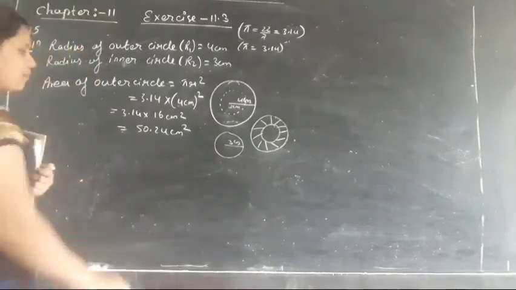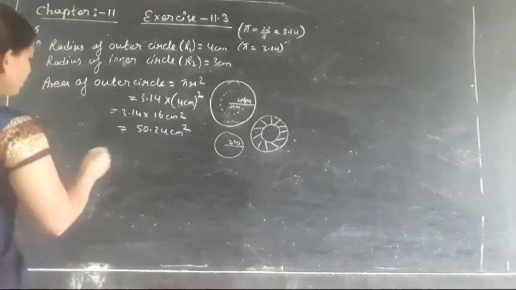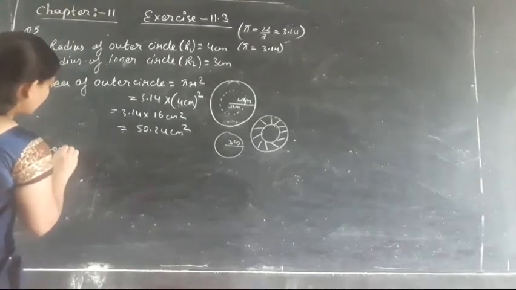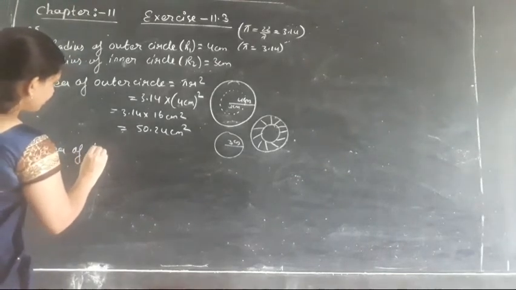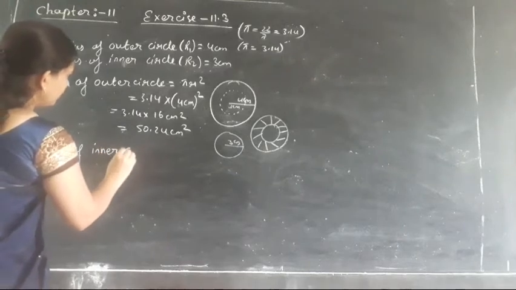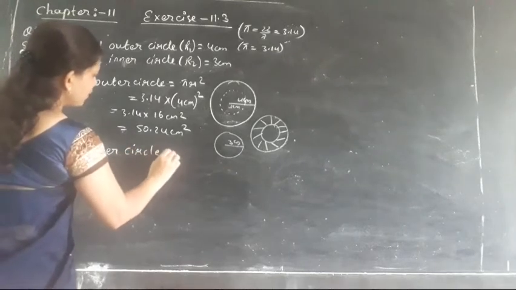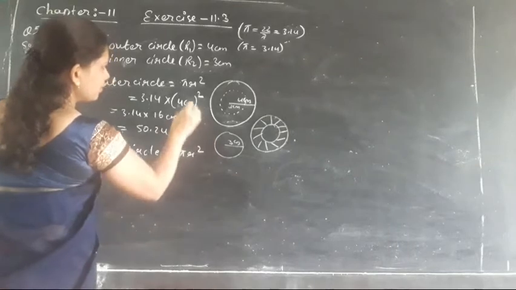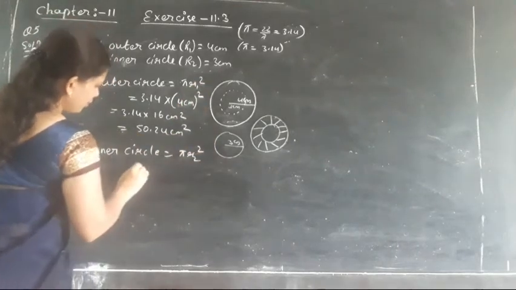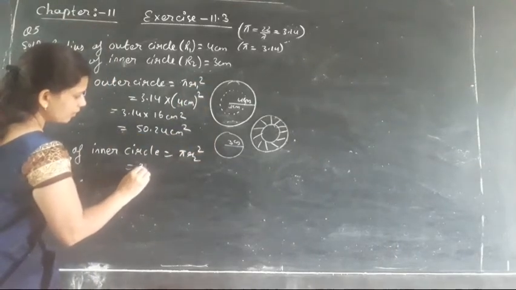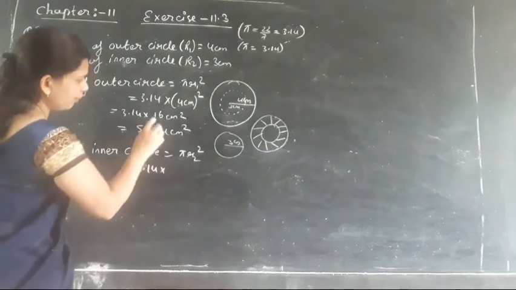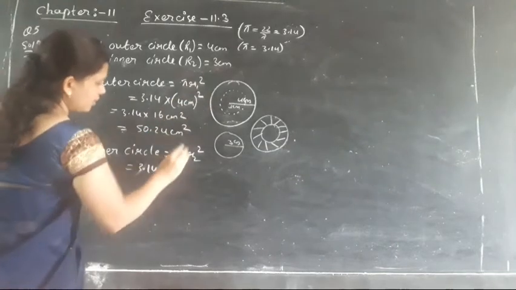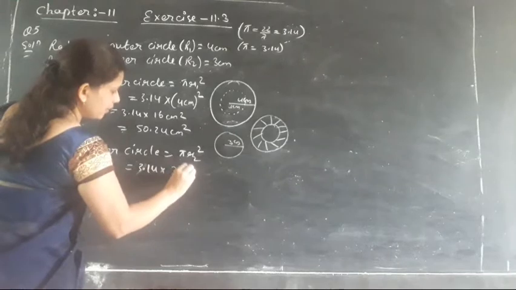Now after this, what we are going to do? We are going to find the area of the inner circle. Okay, so that will be pi r square. Here r1, here r2. So the pi value is 3.14 into how much radius? 3 centimeter square.